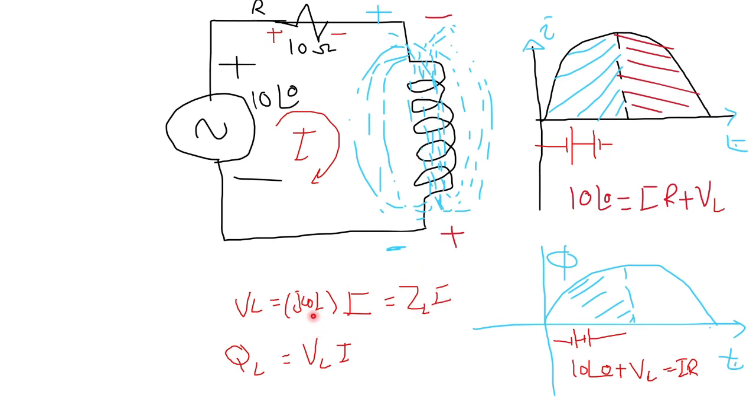So in the frequency domain, it's j omega L. The power stored on the coil is defined by the value Q to distinguish it from the real power P. It's a reactive power stored and released. And its notation is QL, meaning the reactive power stored in the coil equals the voltage drop across the coil multiplied by the current flowing through the coil.